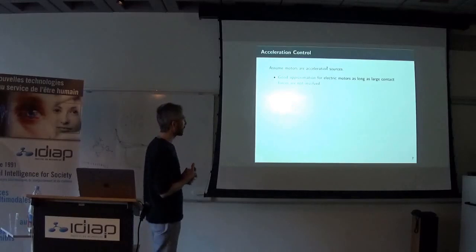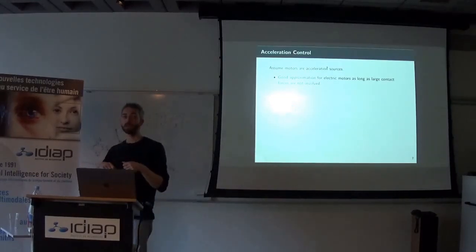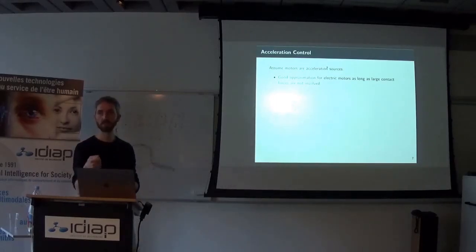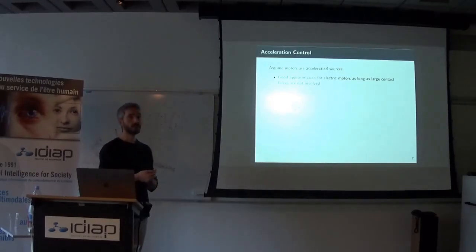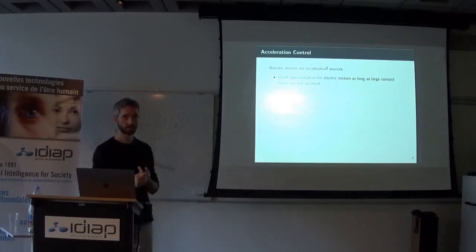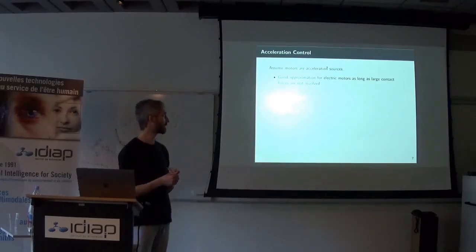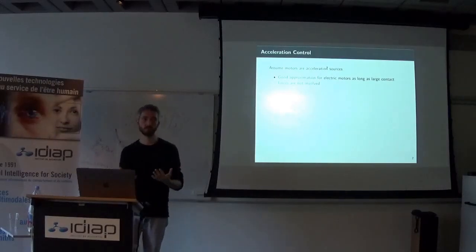A bit more advanced model is to assume that your actuations are acceleration sources. So you can directly change instantaneously the acceleration of your degrees of freedom. This is a better approximation for electric motors, but only as long as you don't have large contact forces.